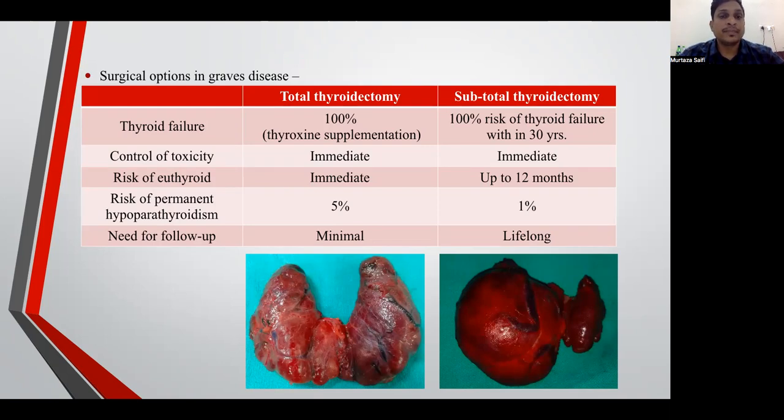The risk of hypothyroidism is immediate and up to 12 months. Risk of permanent hypoparathyroidism, 5%, and here it is 1%. The need for follow-up is minimal in total thyroidectomy as the whole gland is removed. Then there is lifelong need for follow-up in subtotal thyroidectomy. In the specimen you can see both thyroid lobes and isthmus in the first, and thyroid lobe with isthmus in the second.